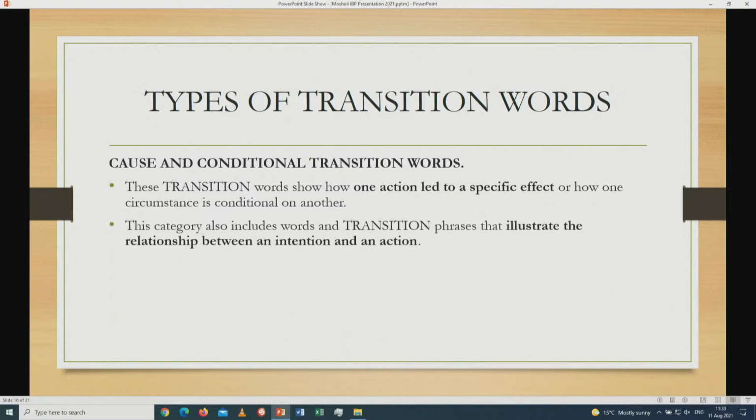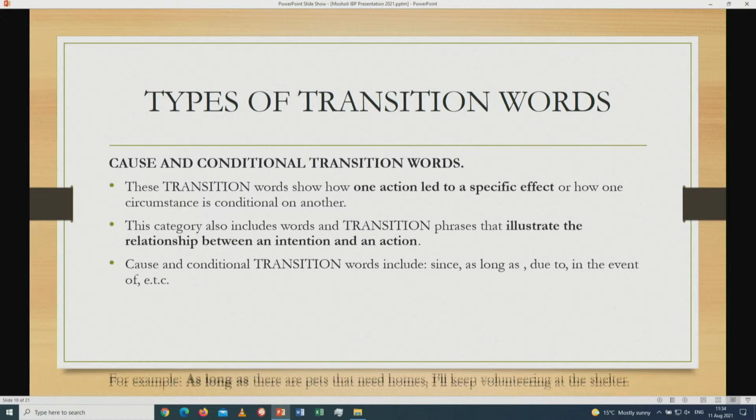This category also includes words and transition phrases that illustrate the relationship between an intention and an action. Cause and conditional transition words include since, as long as, due to, in the event of, etc.